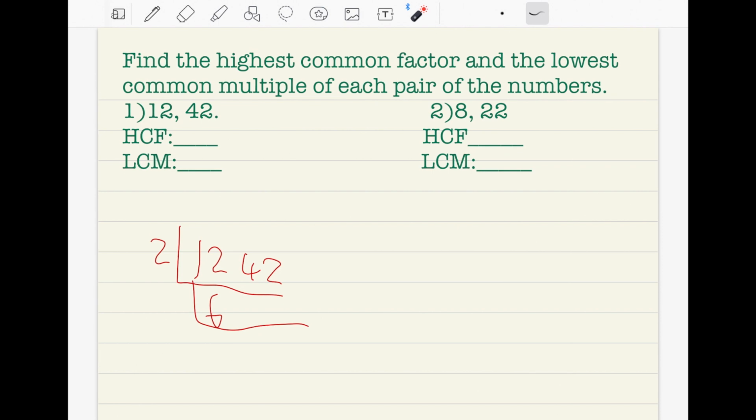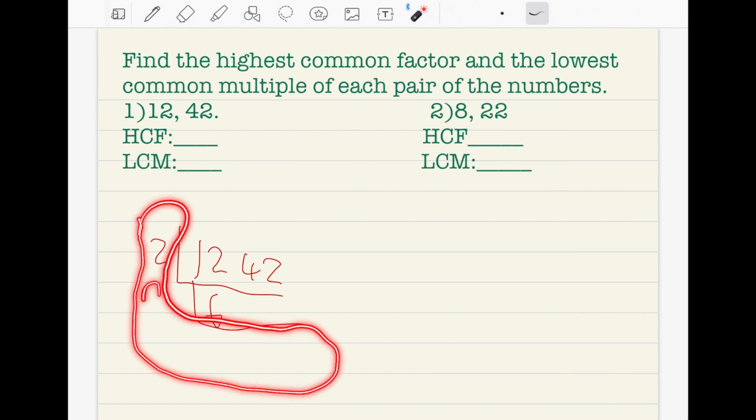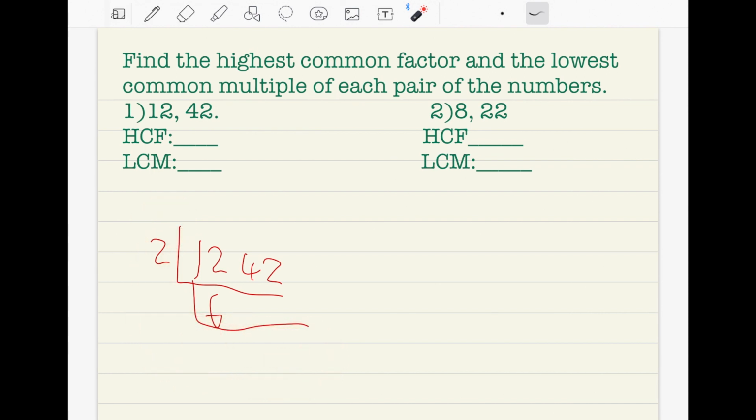So the highest common factor, it is only these two numbers, just whatever is over here. And then the lowest common multiple, it is all of these numbers, whatever is over here and whatever is over here. So this is how you remember your lowest common multiples and highest common factors.